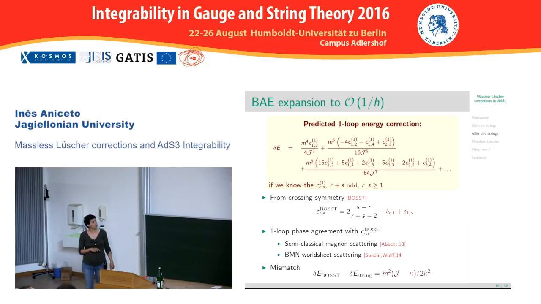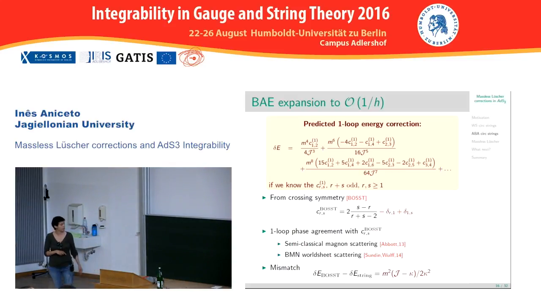And they both obtained basically these coefficients here. So if I use these coefficients inside here for the predicted one loop energy and I subtract it from what I found from the Worldsheet, I find a mismatch. The difference is given by this function. This can be expanded in J, of course, but this is exactly the mismatch. Of course, these coefficients have also been checked by BMN Worldsheet scattering.